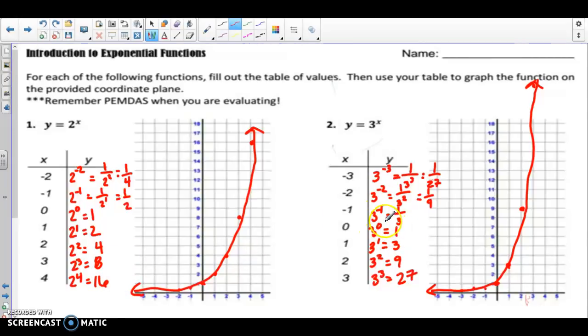Here, if we look at number 2, from 1 to 3, we multiplied by 3. From 3 to 9, we multiplied by 3. From 1/3 to 1, we multiplied by 3.